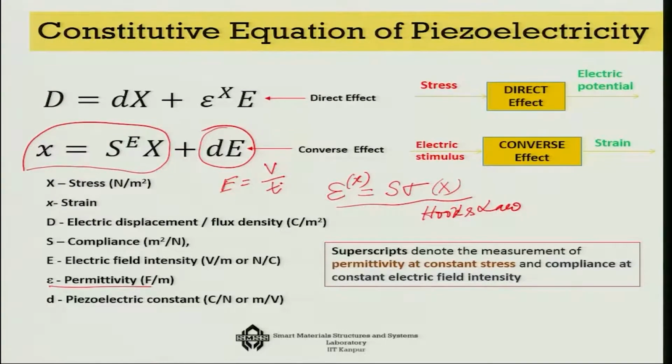So if you apply the electric field, because of the coupling factor d, small d is known as the piezoelectric constant, you are going to generate strain in the system. So this is an extension of the Hooke's law, which is covered by the converse effect of piezoelectricity.